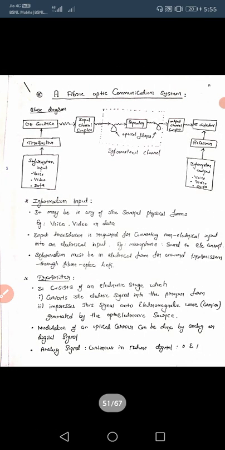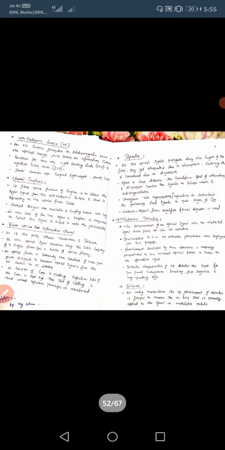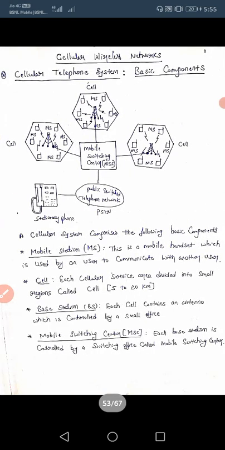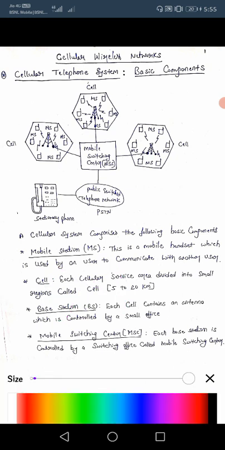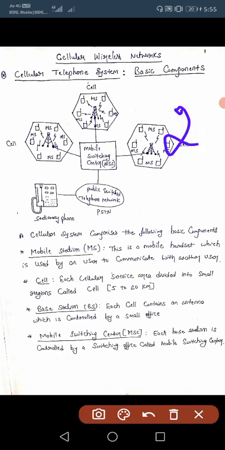Okay, next 9A, with a neat block diagram, explain cellular telephone system. This is the diagram you should write: mobile station, base station, mobile switching center. It is asked for 8 marks, so this is 2 marks. Like this you should write the basic concepts, cellular concepts and the frequency reuse concept.